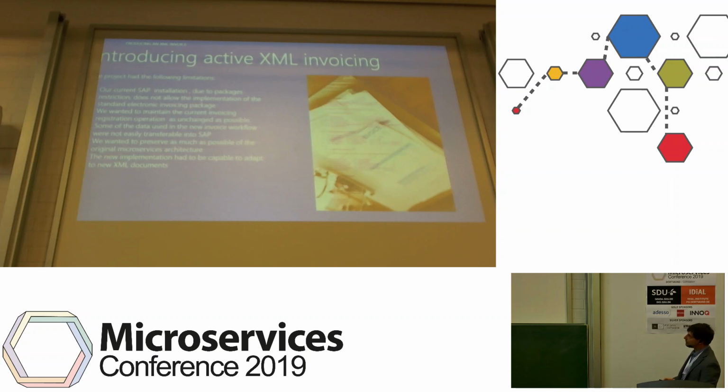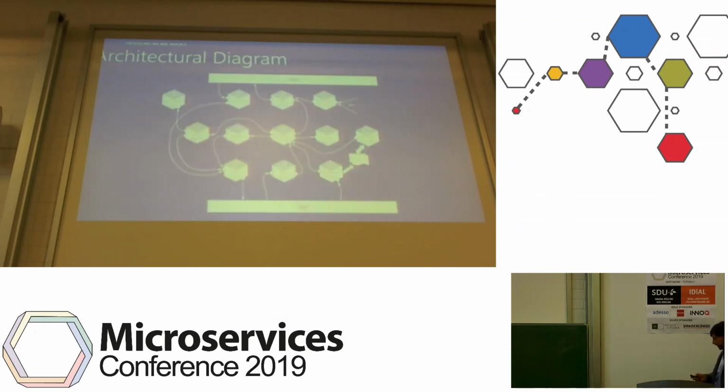So we decided to add a new element to our architecture. The color maybe is not that great. Fundamentally, whatever is XML in terms of document will pass through that. So in the future, if we needed to send, I don't know, orders via XML, we will re-implement something here.